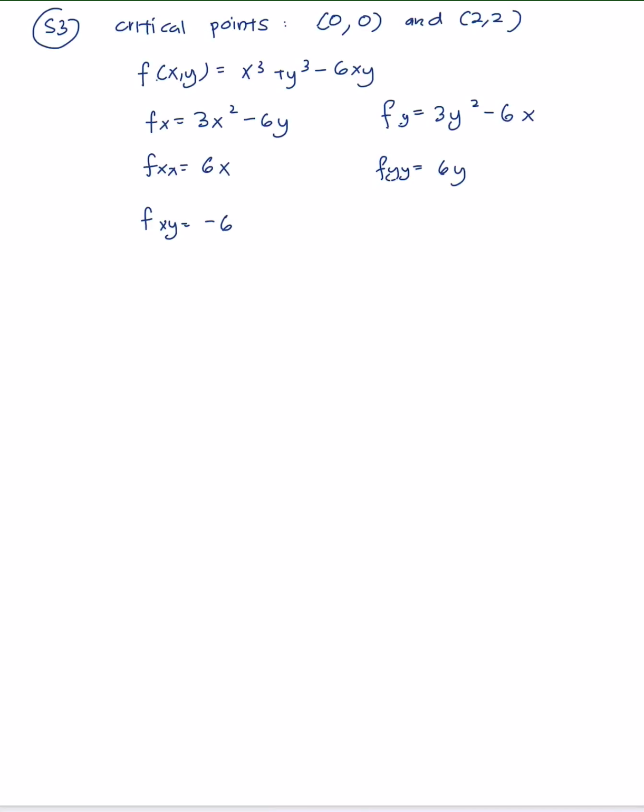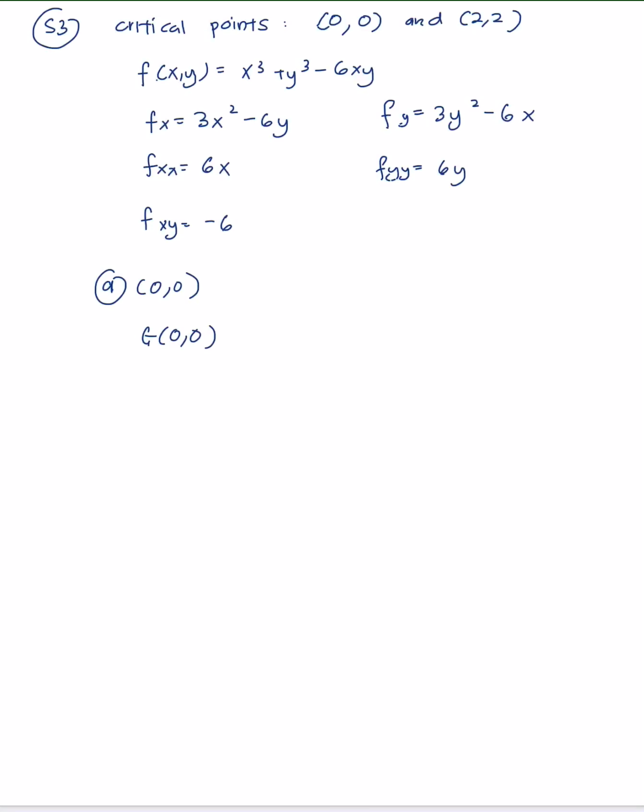So what we need to do is calculate the second derivative test g, for the first point, g(0, 0).